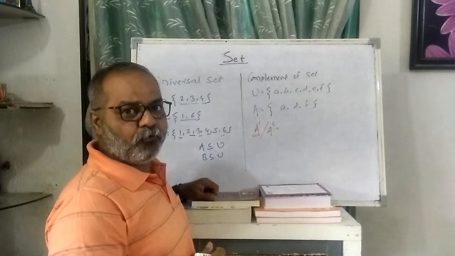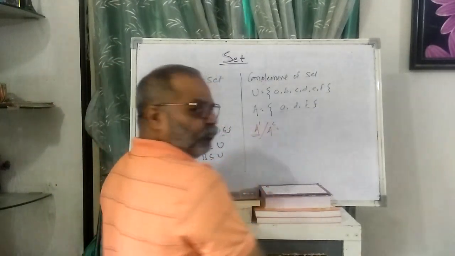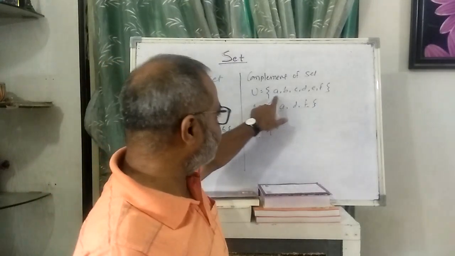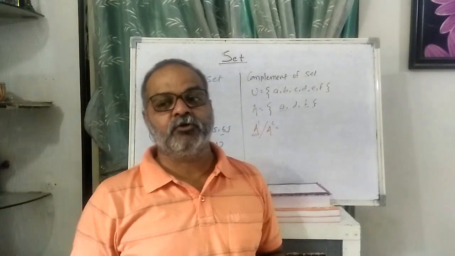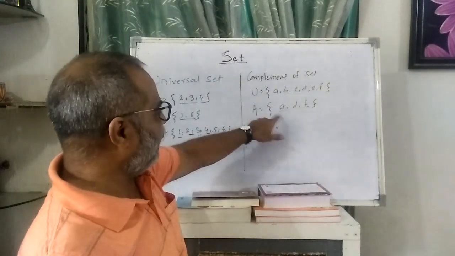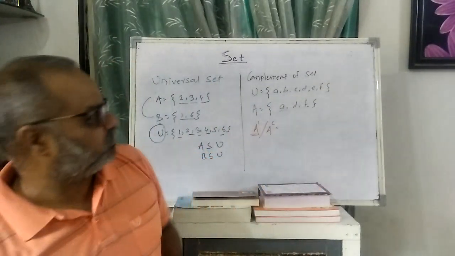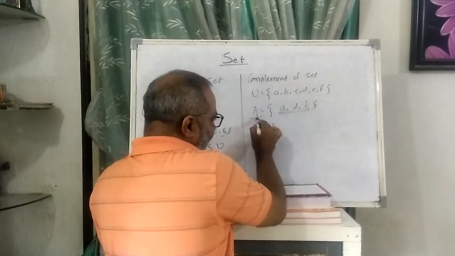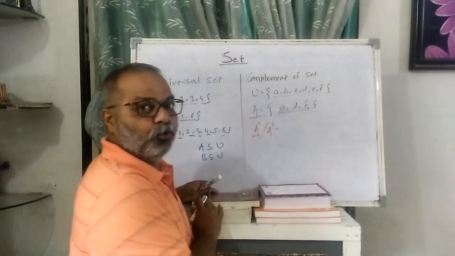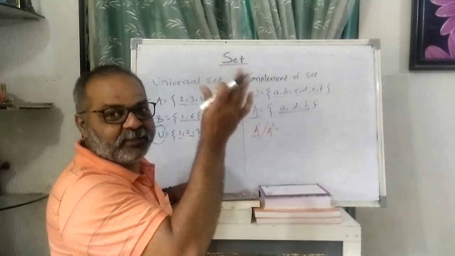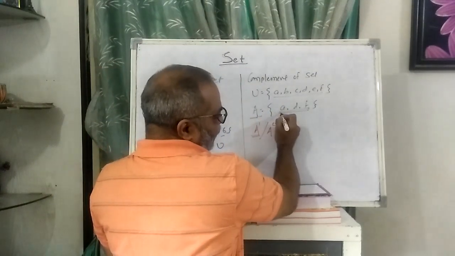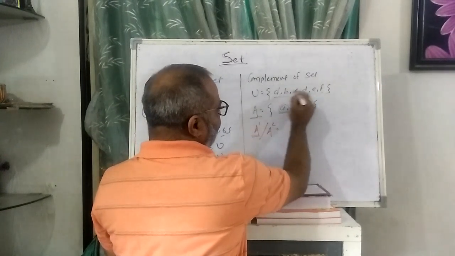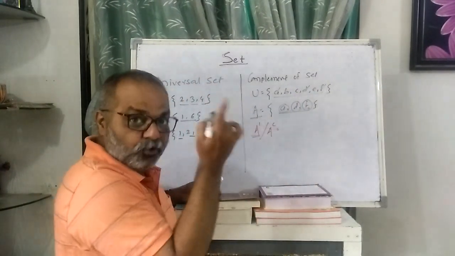Okay. Now what is the meaning of complement? Set A contains the elements A, D, F, and set U contains A, B, C, D, E, F. Now we delete the elements of set A, and what remains in set U is called the complement of set A. The elements present in A are A, D, F. I delete A, D, F in the universal set.